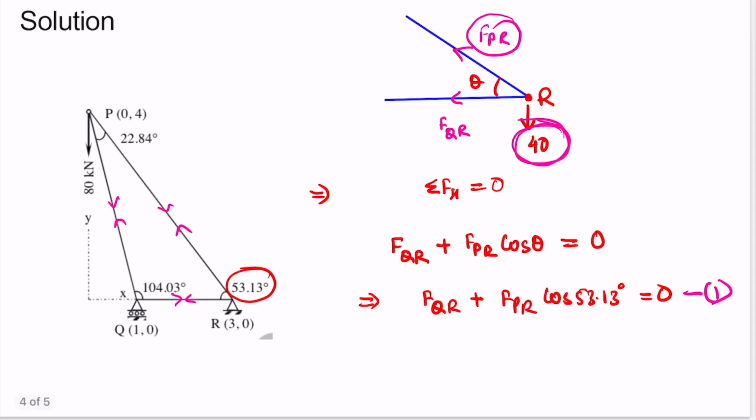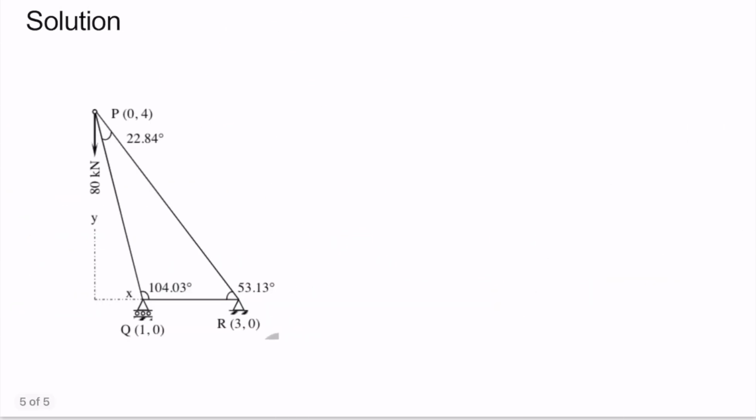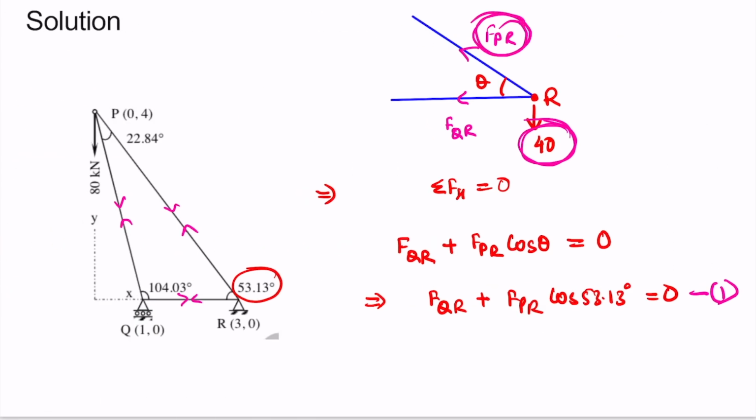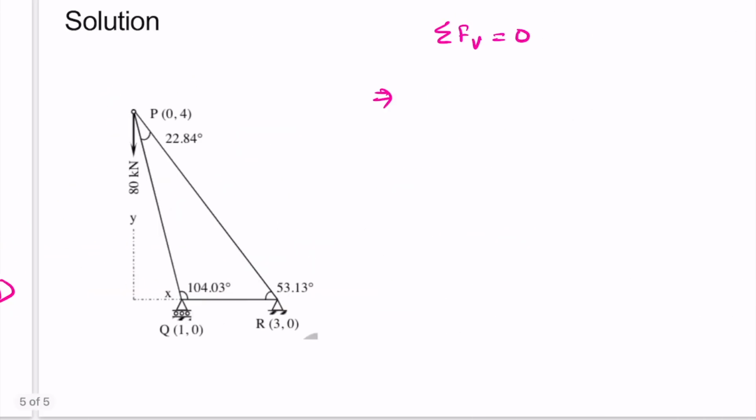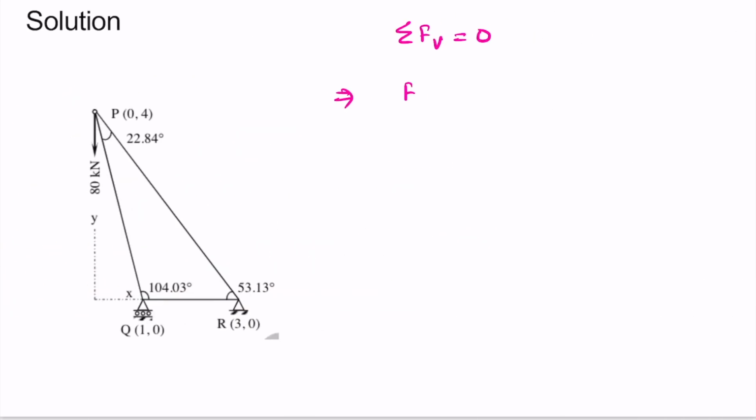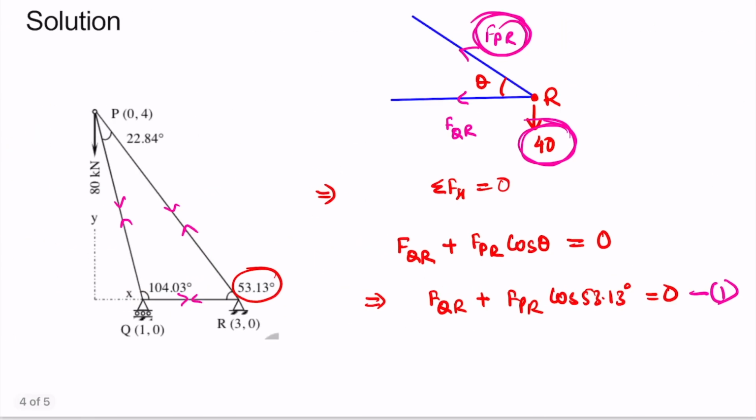Let's satisfy the vertical equilibrium as well. So we can write summation of force in vertical direction to be 0 for joint R. For this we have FPR sin theta. We have another force which is 40, but it is in downward direction.